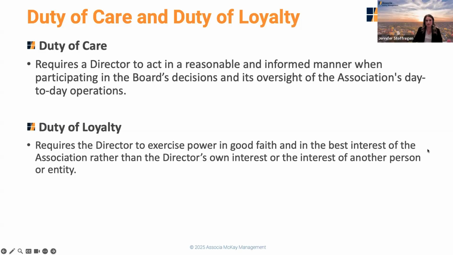This means the upkeep of the property value for your association and making sure that everything is equal opportunity. So we're not writing a violation for one homeowner that has weeds in their yard, but not this other homeowner. We keep it the same across for everybody.